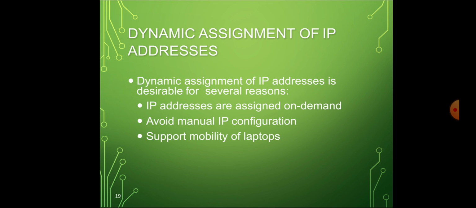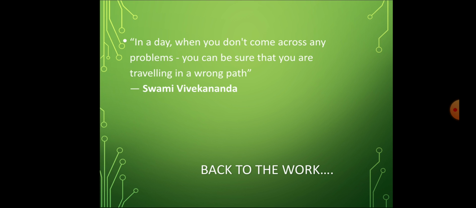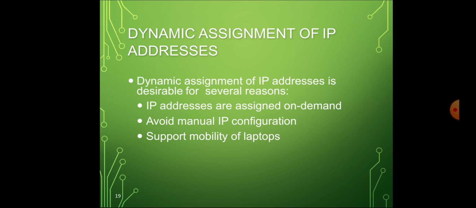Sometimes you can see an IP address conflict error on your PC, right? What does an IP address conflict mean? It means one IP address is assigned to two different PCs, so the server or network doesn't know which host to access, and there will be a conflict between IP addresses.